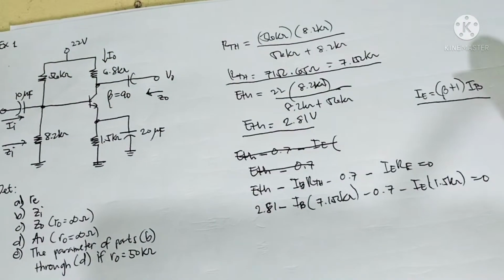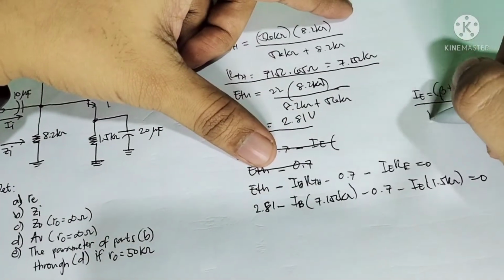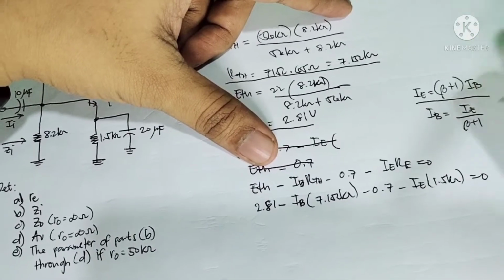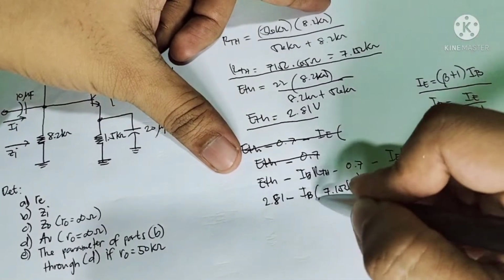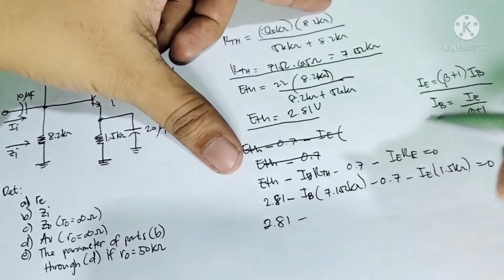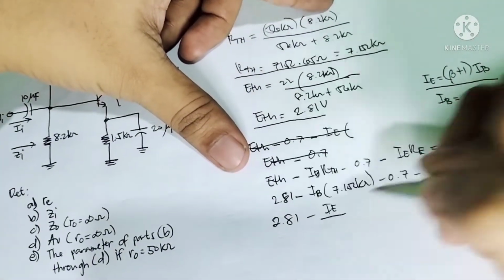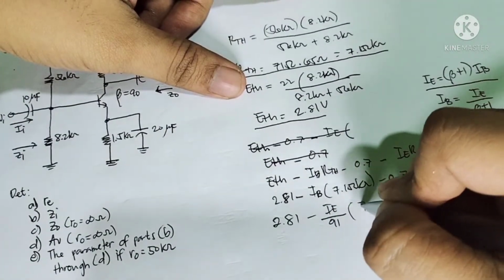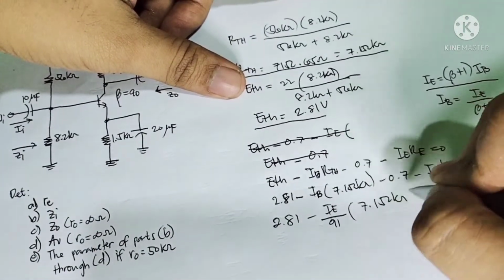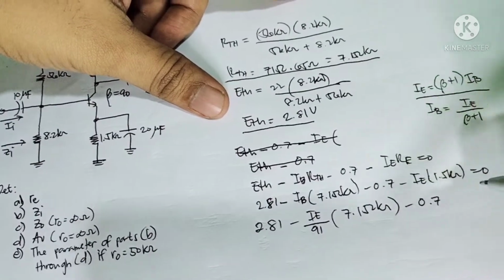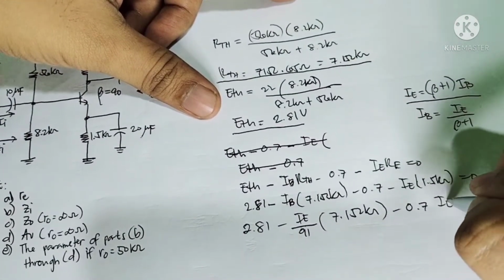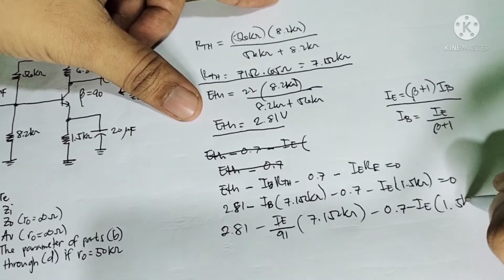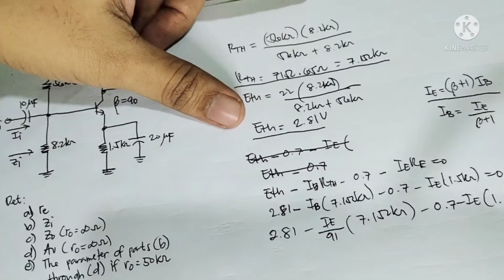In terms of IB, IB is equal to IE divided by beta plus 1. So substitute that: 2.81 minus IE divided by beta plus 1, which is 91, times 7.152 kilo ohms, minus 0.7, minus IE times 1.5 kilo ohms equals 0.